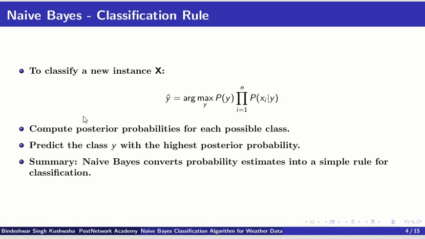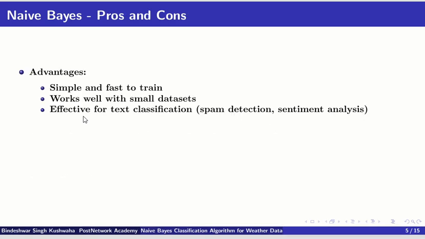Let us see the summary. Naive Bayes converts probability estimates into a simple rule for classification. What are the advantages? Simple and fast to train, because it is a statistics or probability based algorithm, so that would be fast. It works well with small data sets. Again, being a probabilistic algorithm, it will work with small data sets.